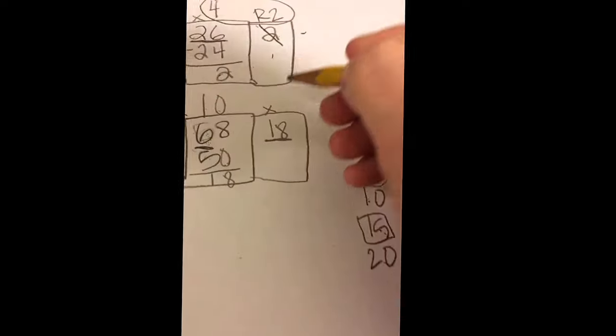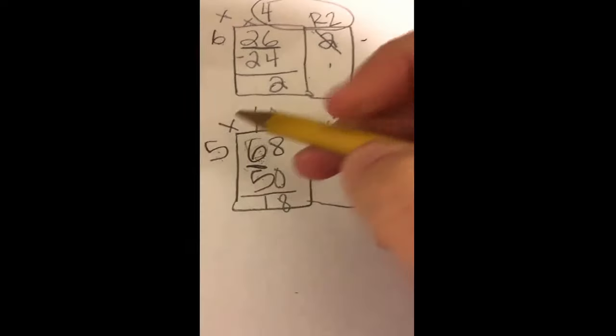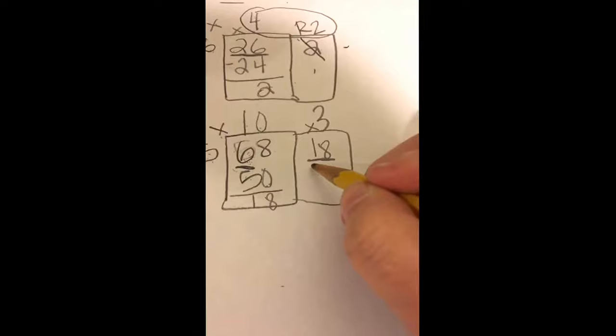Let's go look at our multiples. So here we can see that 15 is what we need to choose because the 20 is too much. So then we say, how many times did we count to get to 15? 1, 2, 3. So we come here and we say 3 times 5 is 15.